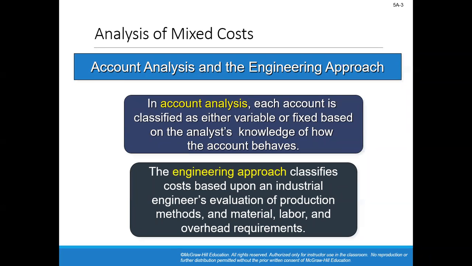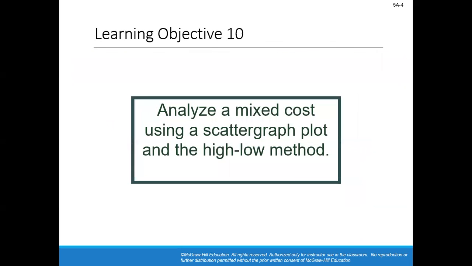So it is an engineering approach. He is not interested in whether the cost is variable or fixed. So in this part, we are more interested in the accountant analysis, and how we can analyze the mixed cost using a graph, which is more popularly known as a scatter plot graph.